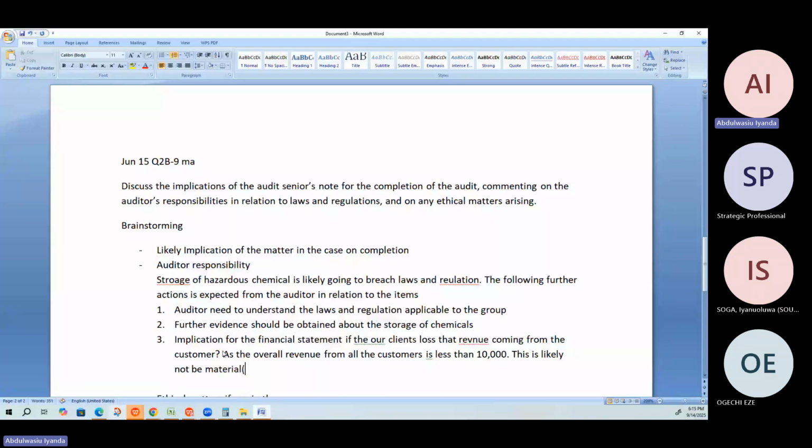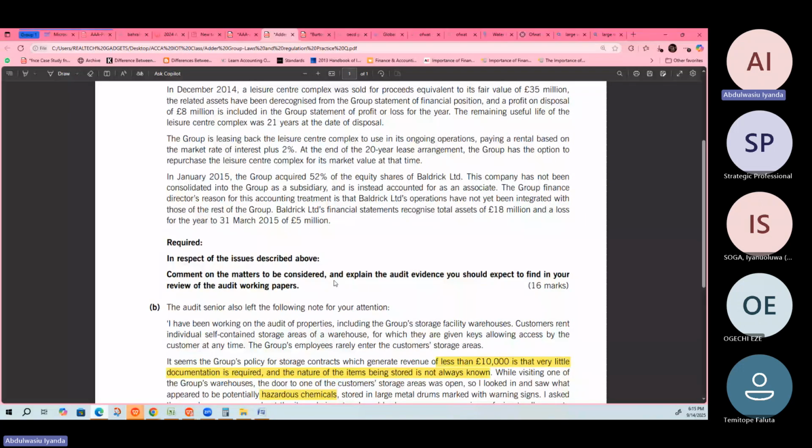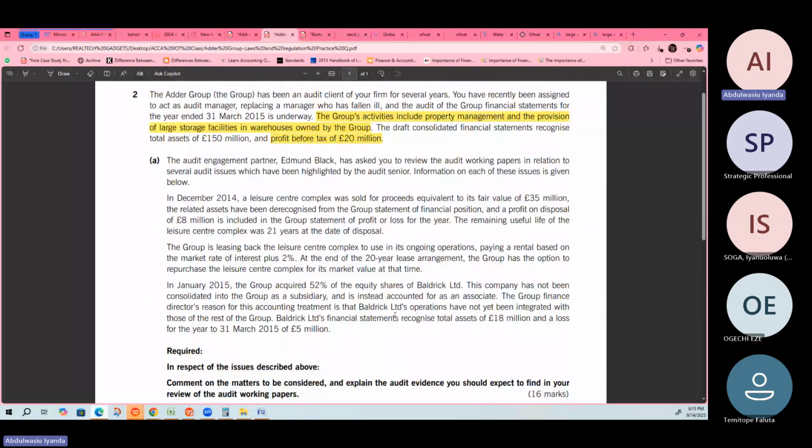Let's even assume that it is 10,000. If you say 10,000, I would believe this is likely to be material, but since a number is given to us, we can always check. This is like income, and every other income will credit our P&L. So use profit before tax of 20 million; it will be like 0 point something, but just write it.